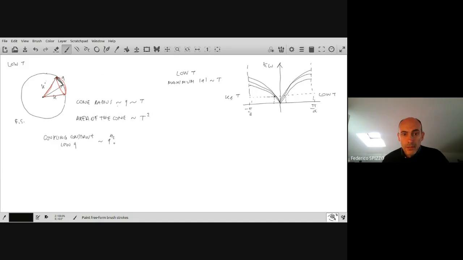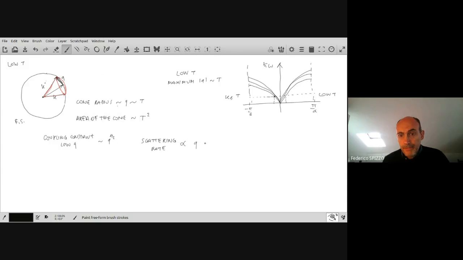What is known is that the scattering rate is proportional to the square of the coupling constant. And if the coupling constant is Q to the power of 1/2, then the scattering rate is proportional to Q.